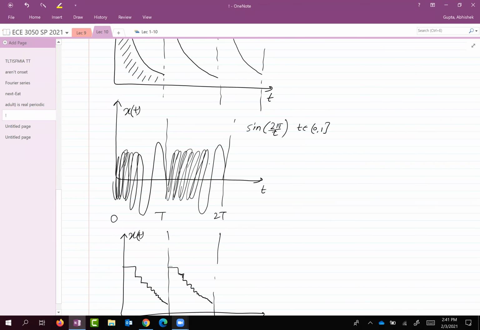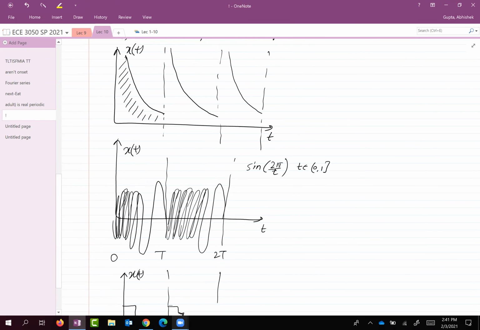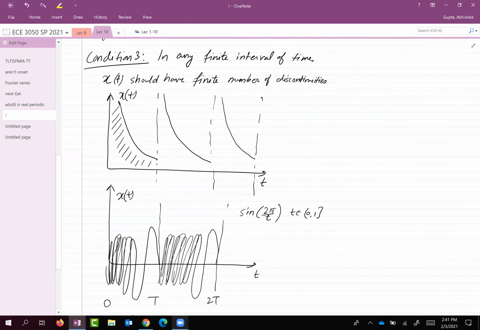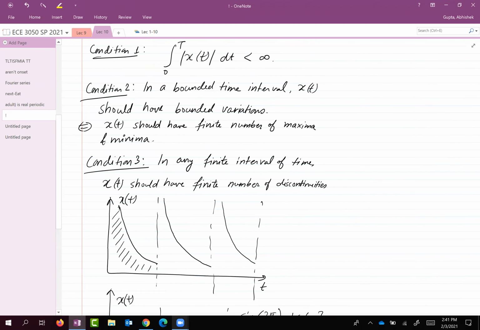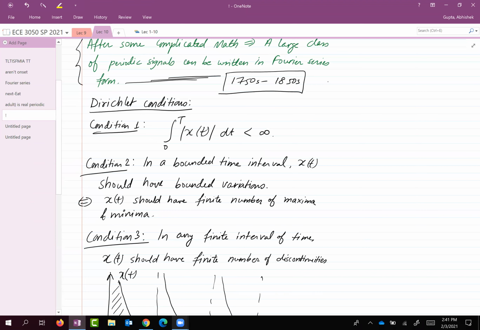Yeah, it has an infinite number of maxima and minima within a finite time interval 0 to 1. So this is the learning from 100 years of research by mathematicians. It's by no means a trivial result.